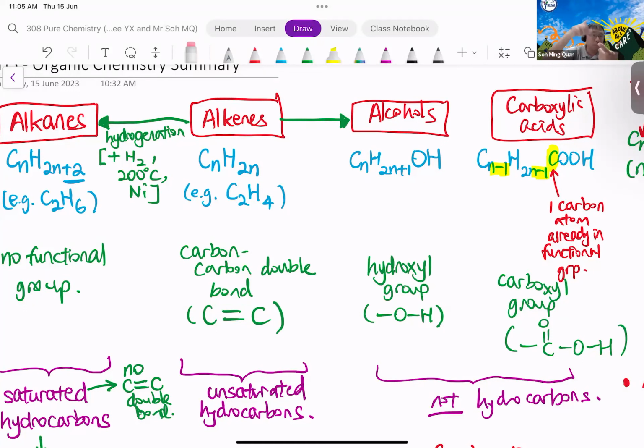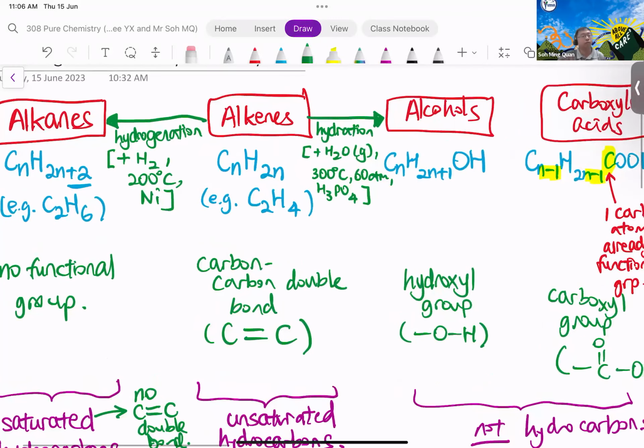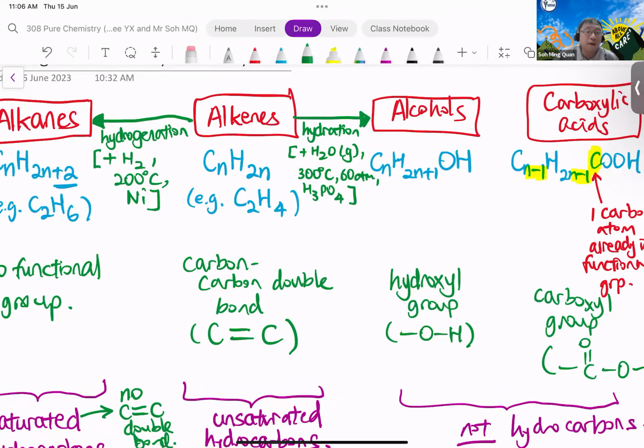Bromination produces the bromoalkane. Then we have hydration. If I were to add steam, I produce an alcohol. So steam is H2O gas. This takes place at 300 degrees Celsius, 60 atmospheres, H3PO4 catalyst. Okay, so that's how you go from alkene to an alcohol.